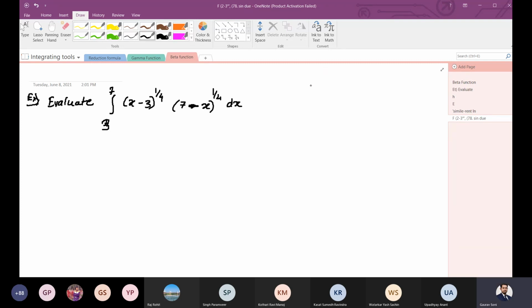So this is a special type. I will make a square and write it down. If you want, you can make a note of it.